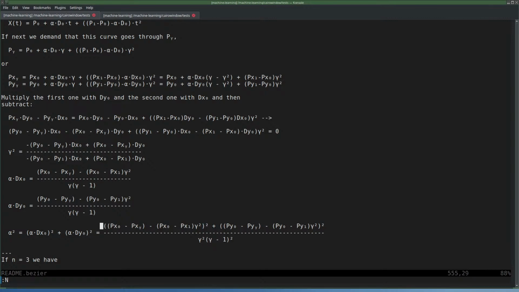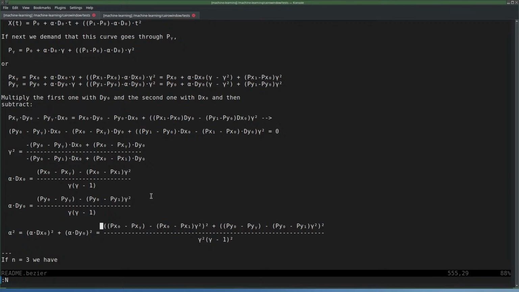Alpha squared is this. I guess that is related to the length of these vectors.